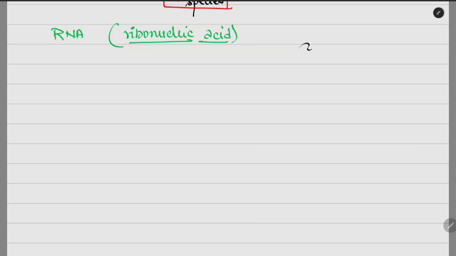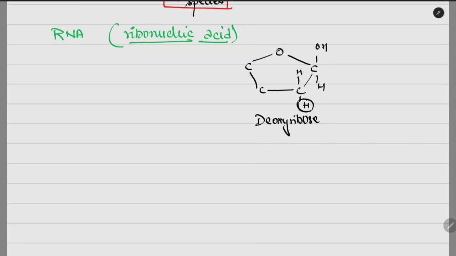I will draw the structure here, like this: O, C, C, C, C. In deoxyribose, there is one H present at the second position. The first position has OH and H. Here the H and OH, H, H, and CH2OH are present. This is the structure of deoxyribose.